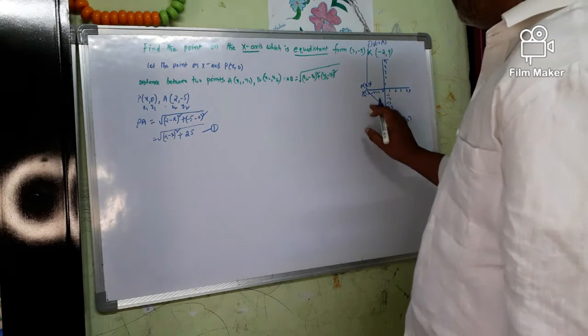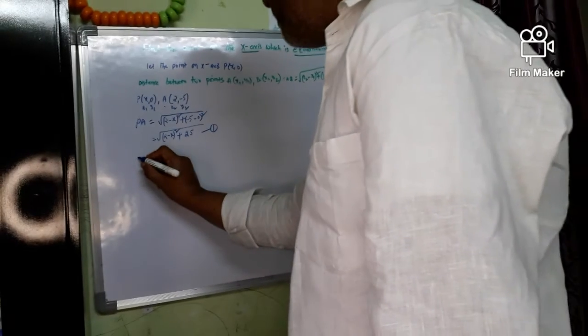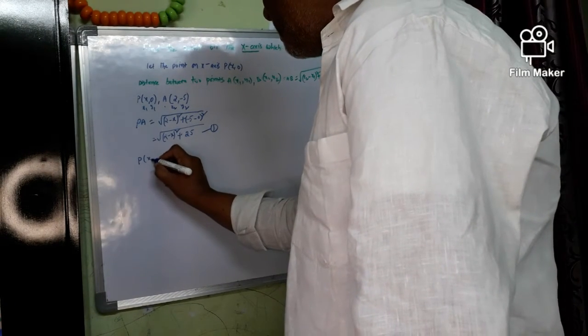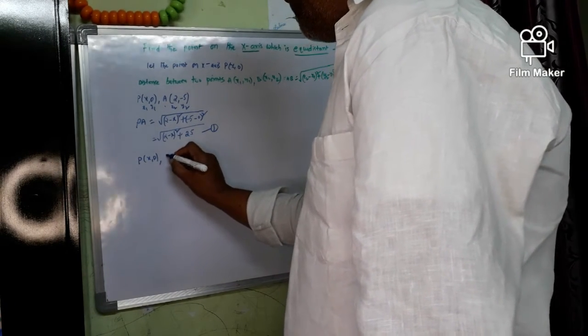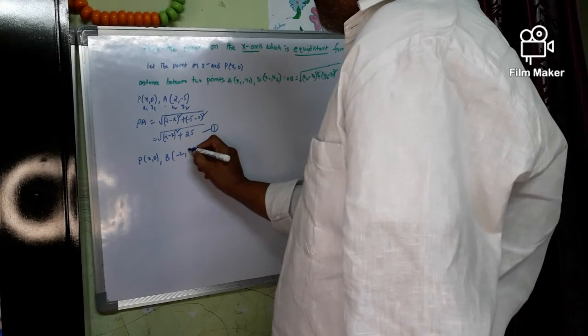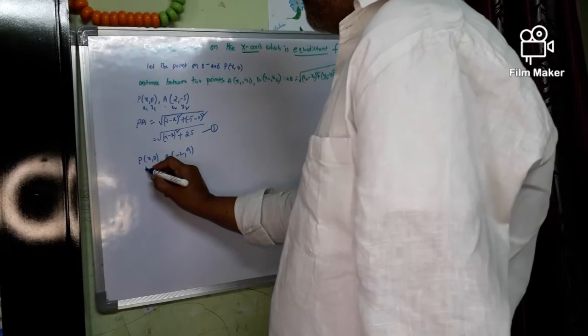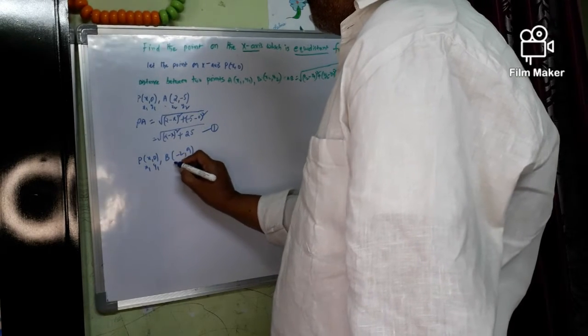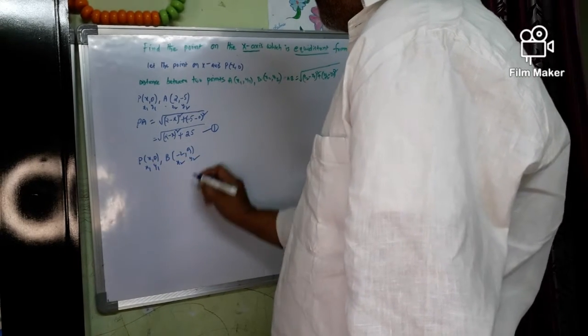Now find the distance between P and B. P is (x, 0), B is (-2, 9), as (x1, y1) and (x2, y2).